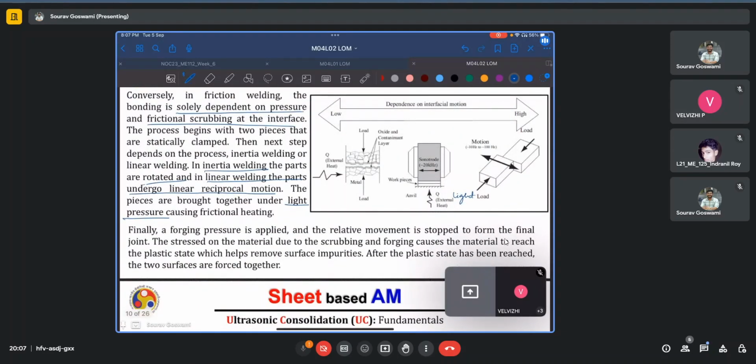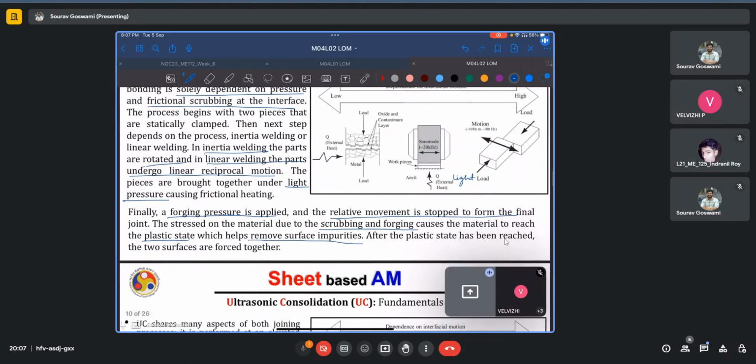Finally, a forging pressure is applied and the relative movement is stopped to form the final joint. The stress on the material due to scrubbing and forging causes the material to reach the plastic state, and the plasticity of the surface helps remove the surface impurities. And once the plastic state has been reached, permanent deformation can be had, and the two surfaces are forged together.